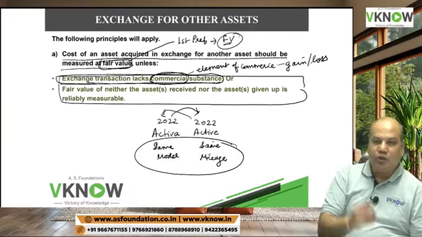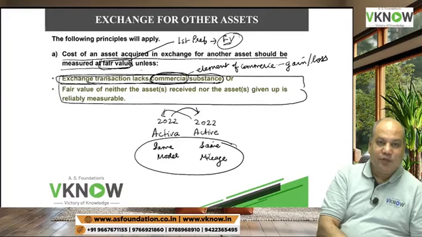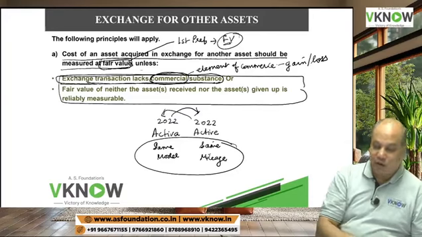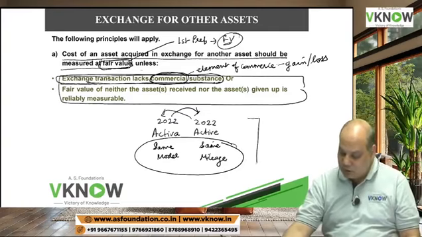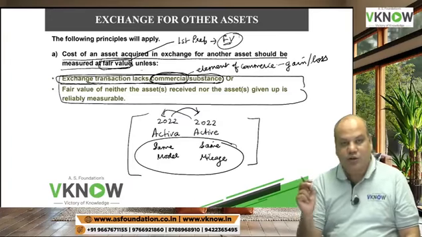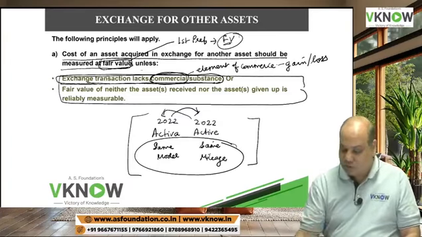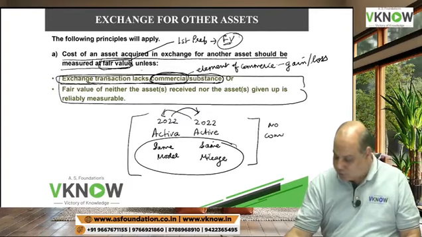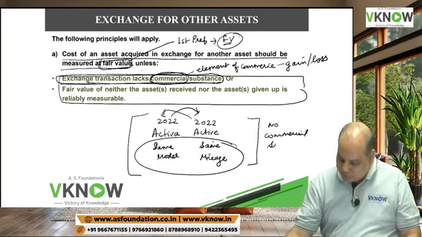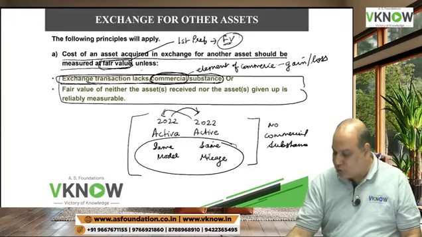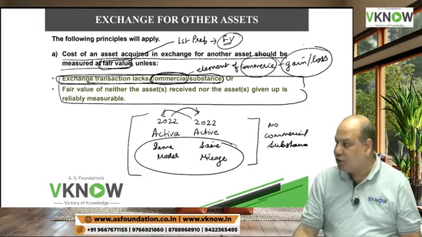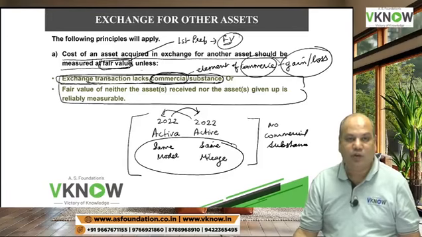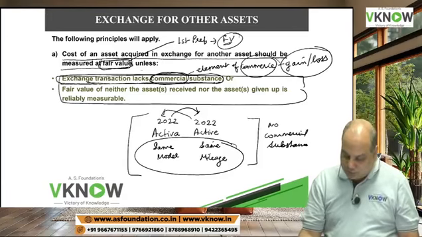You take my Activa, I will take your Activa. Does this transaction have any commercial substance? There is no commercial substance because there is no commerce involved, no gain or loss involved, no change in future cash flow is involved. Then I can't apply fair value.